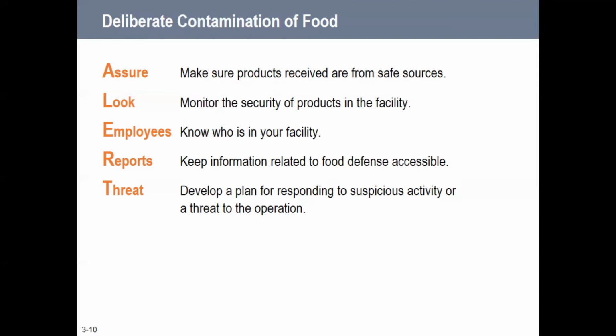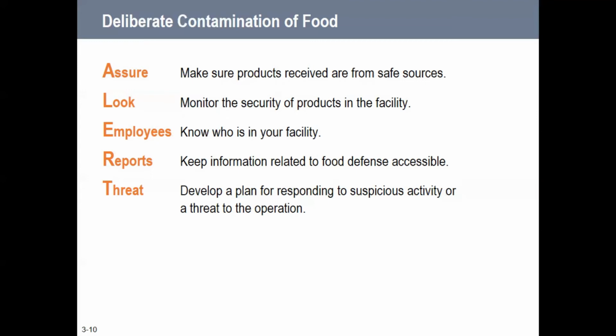And then the last one is threat, and that is being proactive rather than reactive. Developing a plan if there is suspicious activity or a threat to the operation. What will you do, and who will you contact if something happens? Have a plan in place. What happens if you think food has been contaminated?